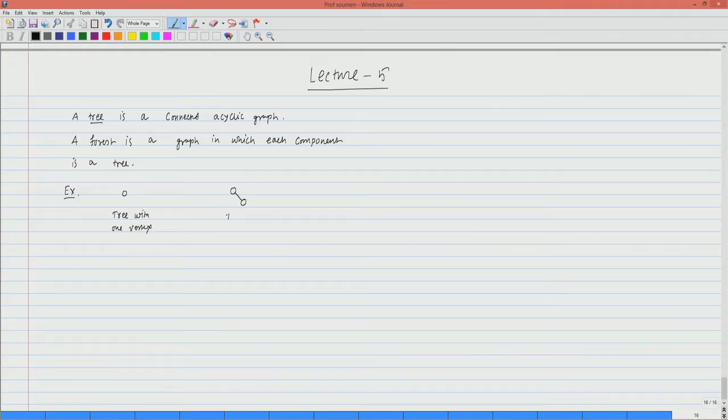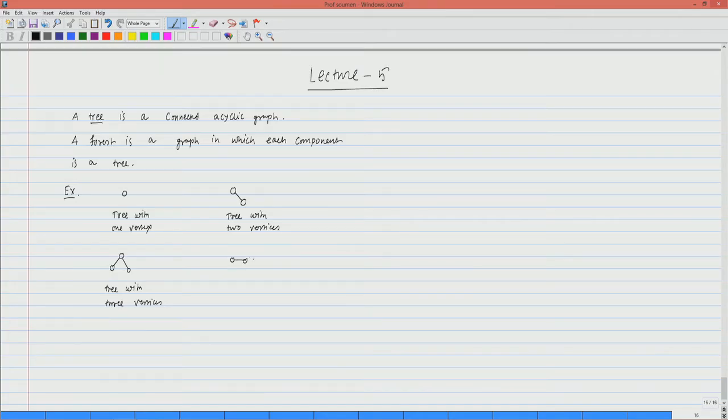This is tree with two vertices. So, this is a tree because it is a connected graph and there is also no cycle. So, it is a acyclic connected graph, and this is tree with three vertices.